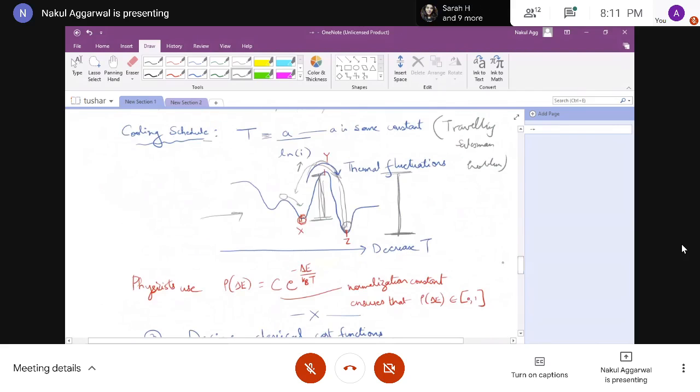So my point is, if you are in the global minima, this energy barrier is definitely very high. To cross this energy barrier, obviously the probability is not zero. There's a very slight chance that it will cross back up. The thermal fluctuations will actually move our solution from the global minima to one of the local minima. But consider the opposite case.